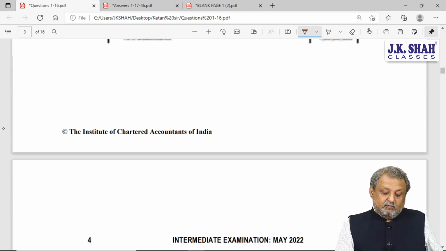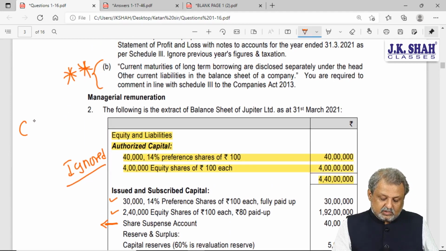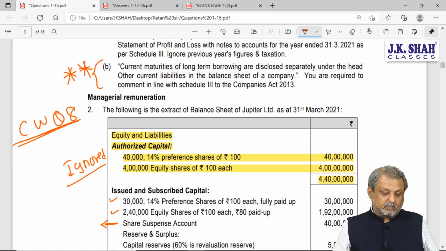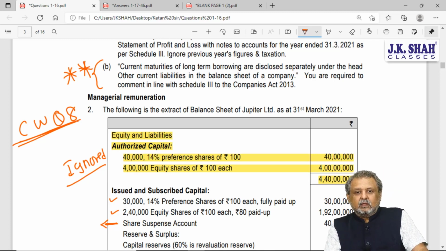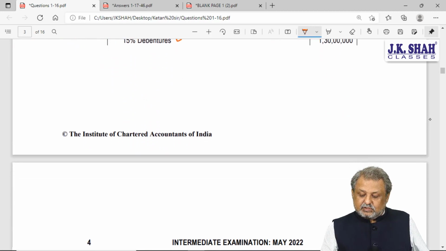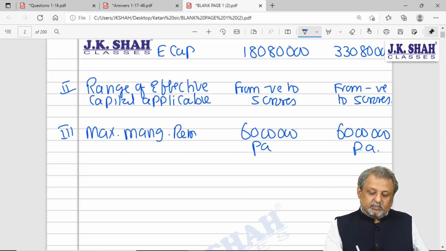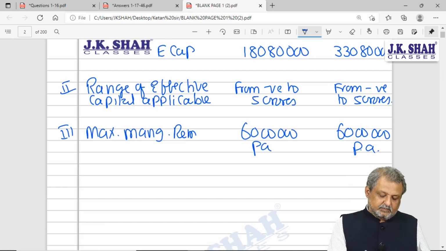But it will be very advisable that you revise classwork question number 8, where there are differences between the range of effective capital as far as investment and non-investment is concerned. So the remuneration differs. Here it is not differing.